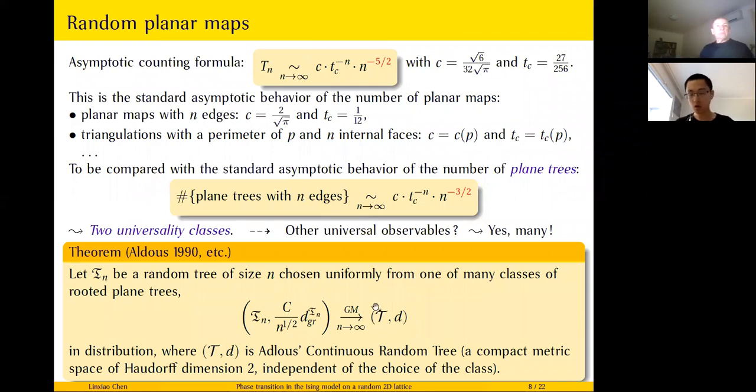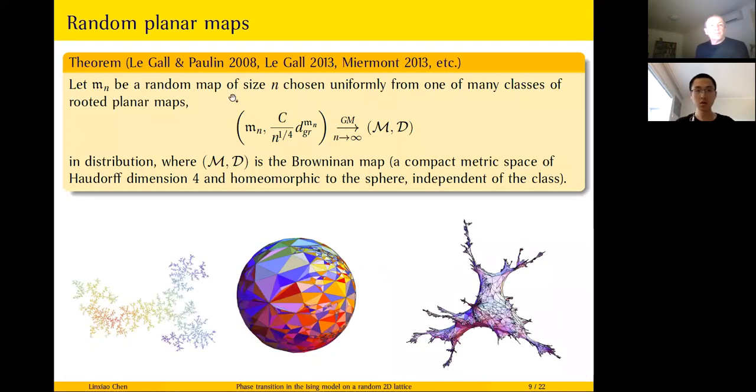So any observable that you can read from this continuous object will be a universal observable for the universality class of plane trees. And a similar theorem now exists for random planar maps.